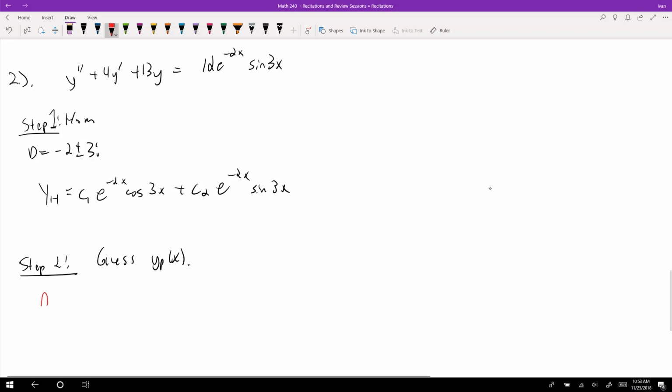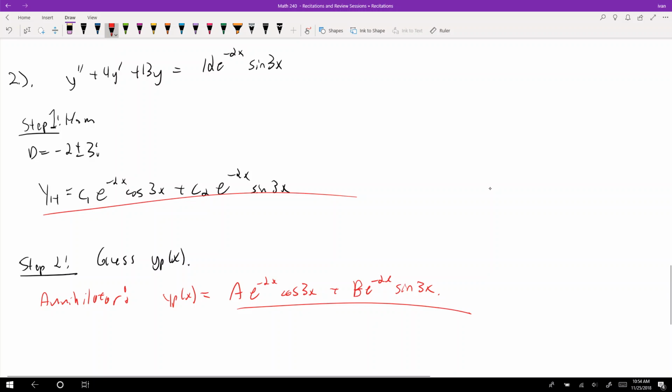All right, so if we use the annihilator method, we would guess yp of x is equal to a e to the negative 2x cosine 3x plus b e to the negative 2x sine 3x. But that's the wrong guess, because this is captured in the homogeneous.